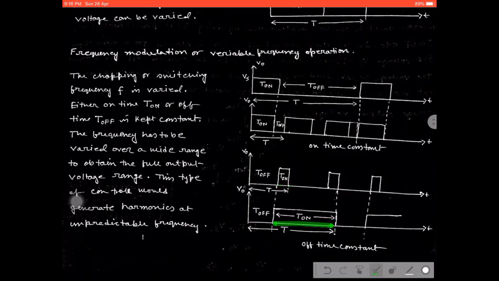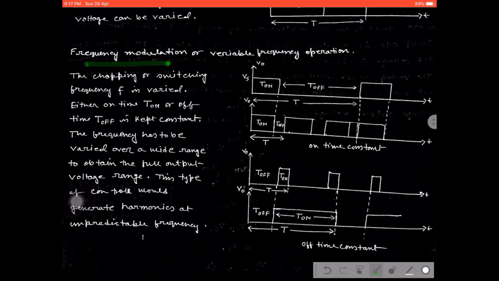As we know, off plus on gives the total cycle, so the cycle has changed, or the frequency has changed. That is why this is called frequency modulation. In this particular frequency where we had achieved 2 pulses, here we will get 1 pulse.